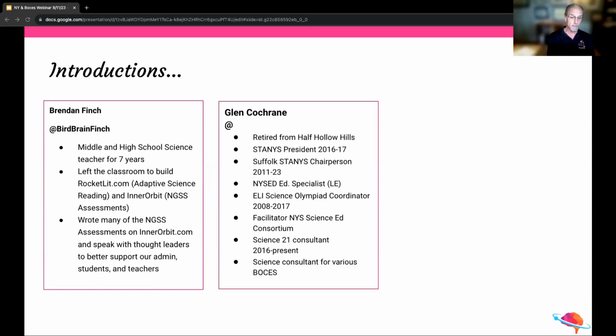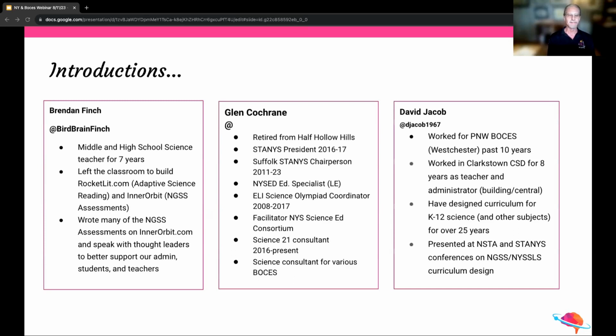I've done the Science Olympiad for a number of years, and I'm a facilitator for the Ed Consortium, and I love this stuff. I'm a real assessment NYSSLS nerd. All I do is really think about how we can make this better, because I believe it's so important that we get our students to be learning this way and be able to think this way. So that's me. How about David?